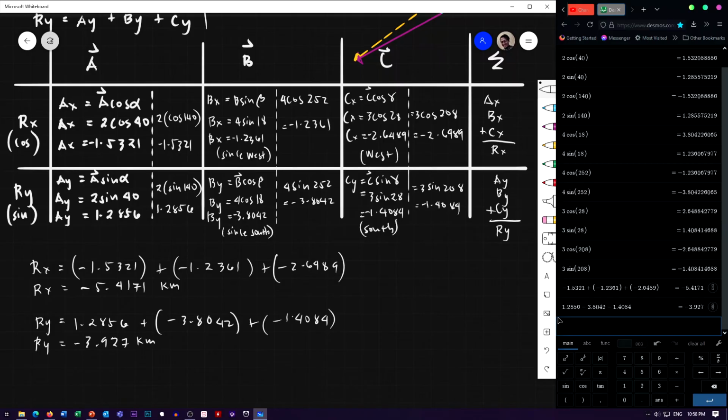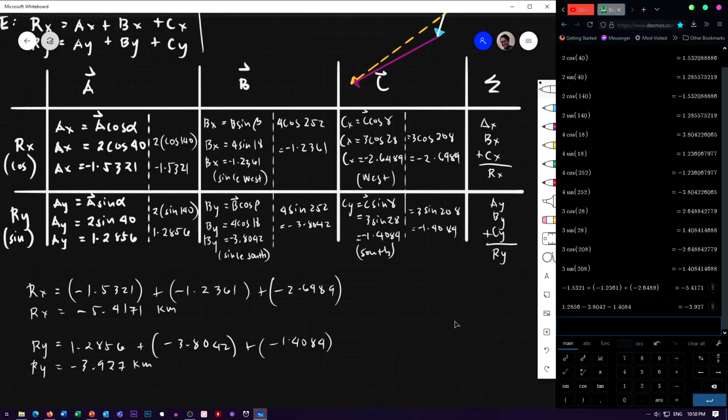Let's try to check if we have answered correctly. Alright, now that we have arrived here, let's return to our equation portion.